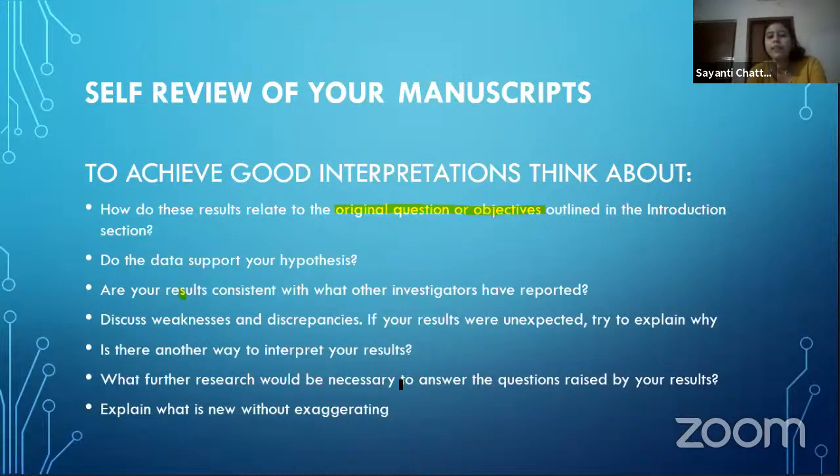Further research should be necessary to answer questions raised by your results. Say you have done some experiment. For me, my thesis topic, my first journal, which is in the IET Control Theory and Applications, was the self-switched estimator. So we use the self-switched estimator for the hybrid system.